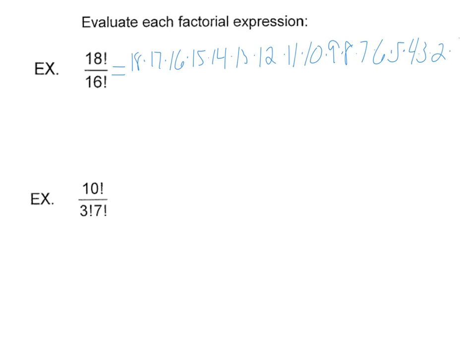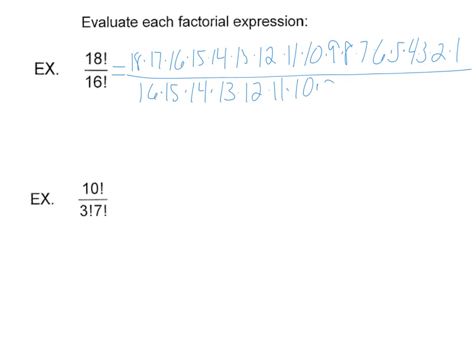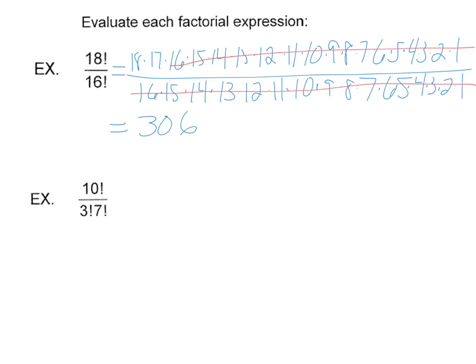So there's 18 factorial over 16 factorial, from 16 on down. Then you can cancel out top and bottom from 16 on down, and all you're really left with is 18 times 17, which is 306.